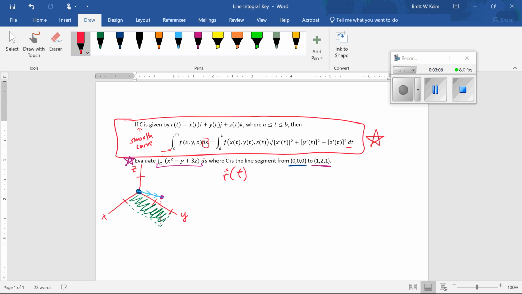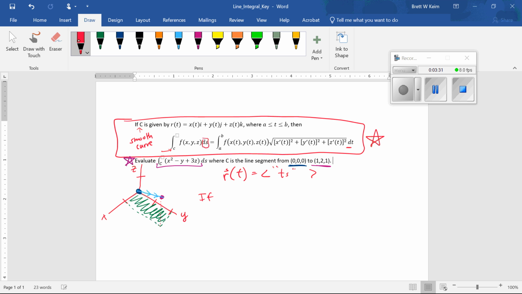I have to write r of t, where this is a vector with only t's in here. Specifically, I'd have 3 components. Here, you have to be clever. I do have some videos over how to parameterize a line. Please go check those out if you're struggling to parameterize a line. But this one here is not too terrible.